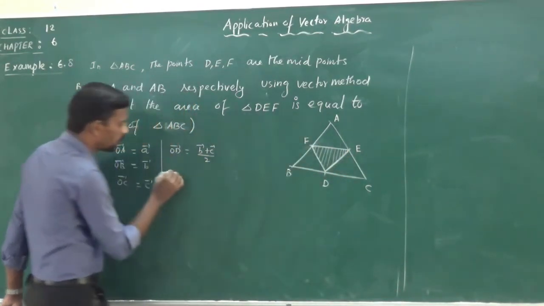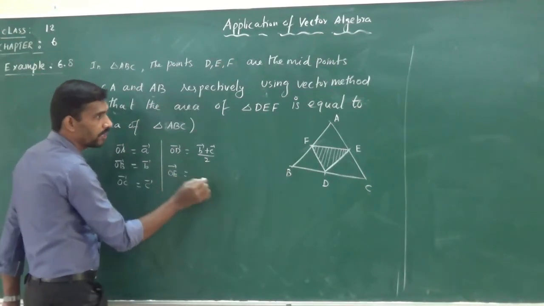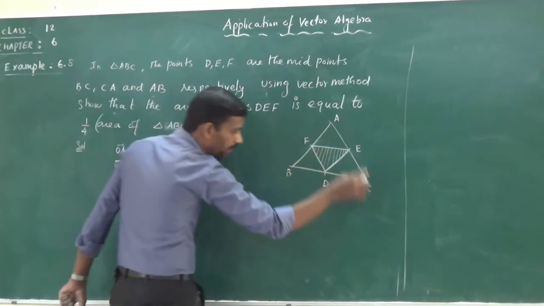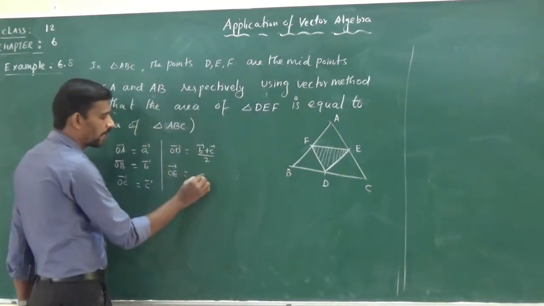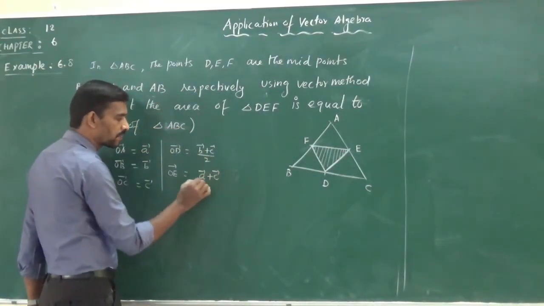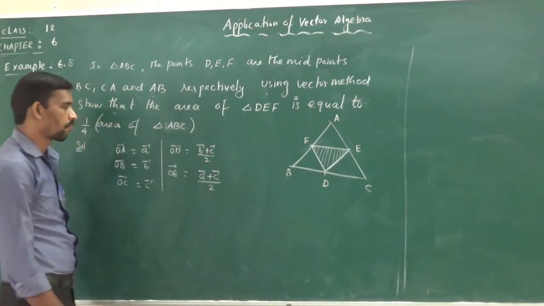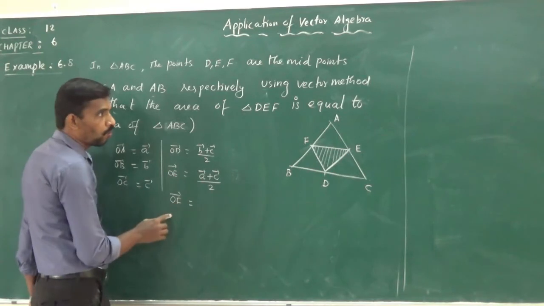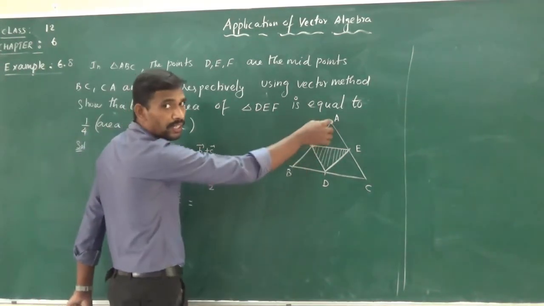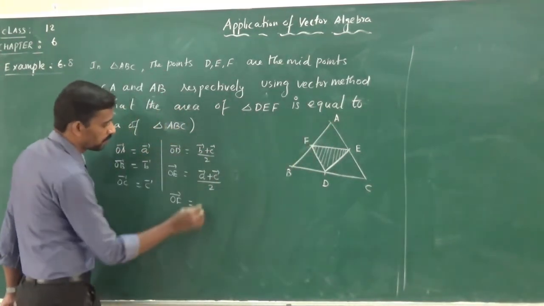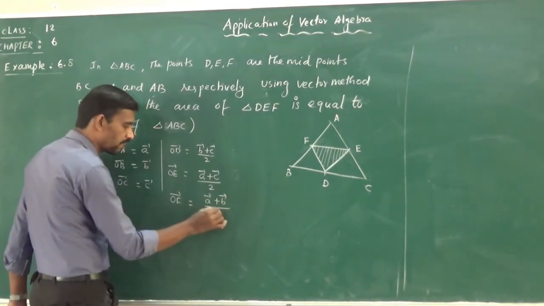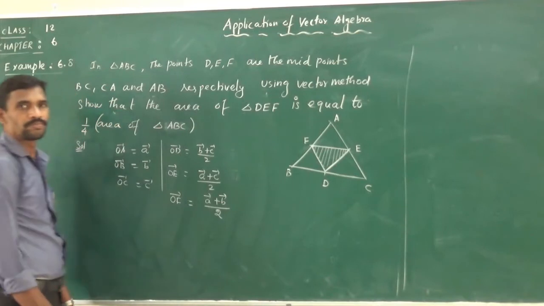And OE vector: E is the midpoint of A and C, a vector represents A, c vector represents C. Hence a vector plus c vector divided by 2. And OF vector: F is the midpoint of A and B. So we can write a vector plus b vector divided by 2.